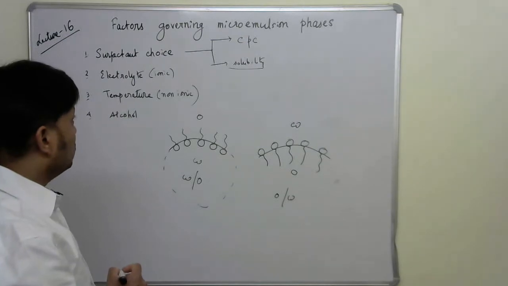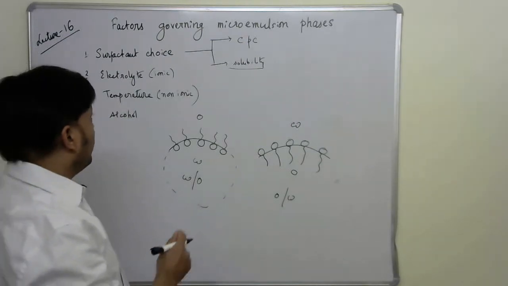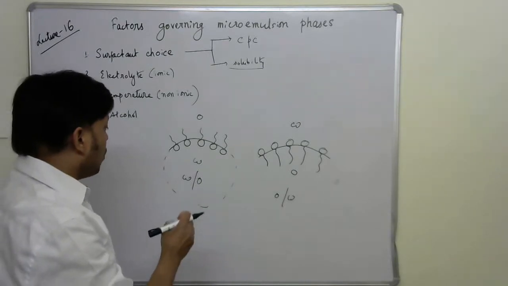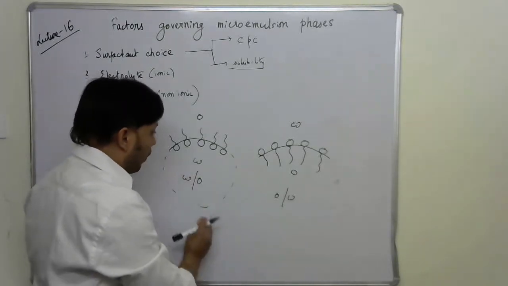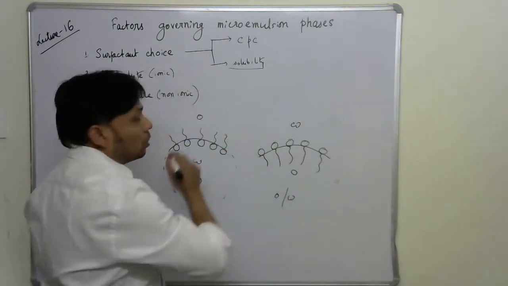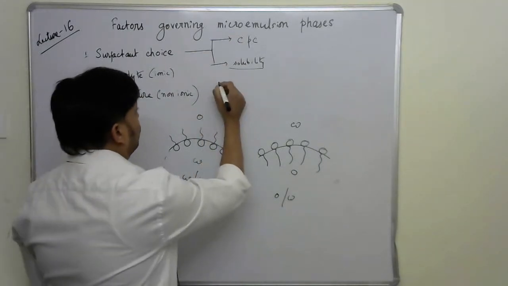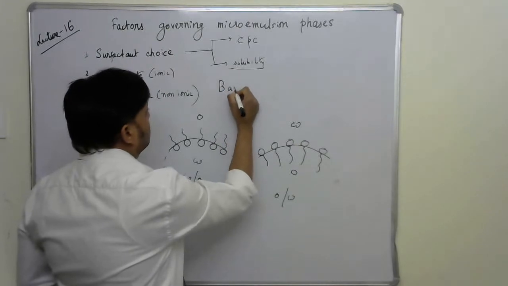Now, when we add a surfactant, primarily the factor that would govern whether it is water in oil or oil in water is the solubility. There is a rule called Bancroft's rule.